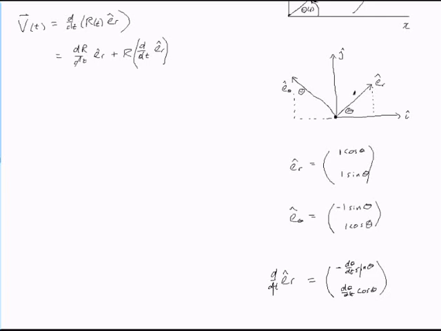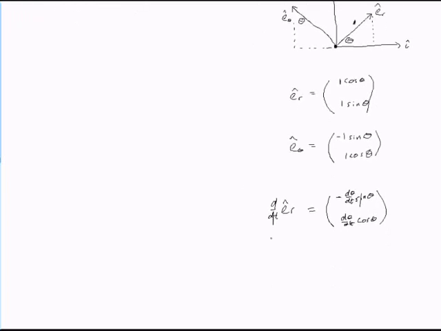Alright. What do we notice about this? Well, if we were to factor out a positive d theta dt, we get minus sine theta and cosine theta in the brackets, which is this thing right here, isn't it?